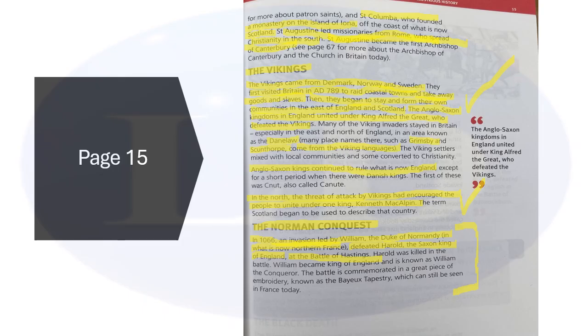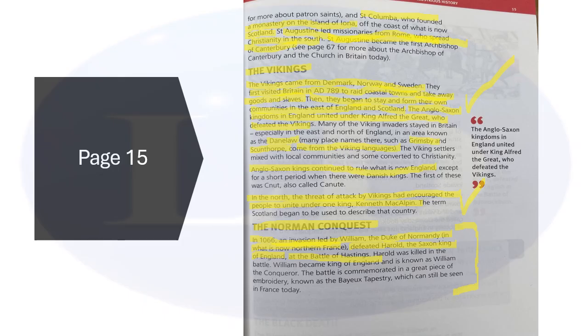Okay, now from this sentence, you will have many questions. For example, who attacked in 1066? William, the Duke of Normandy. Sometimes the question is, in 1066, who led an invasion into England? The Duke of Normandy. Then the question would be, the Duke of Normandy defeated which king? Harold.